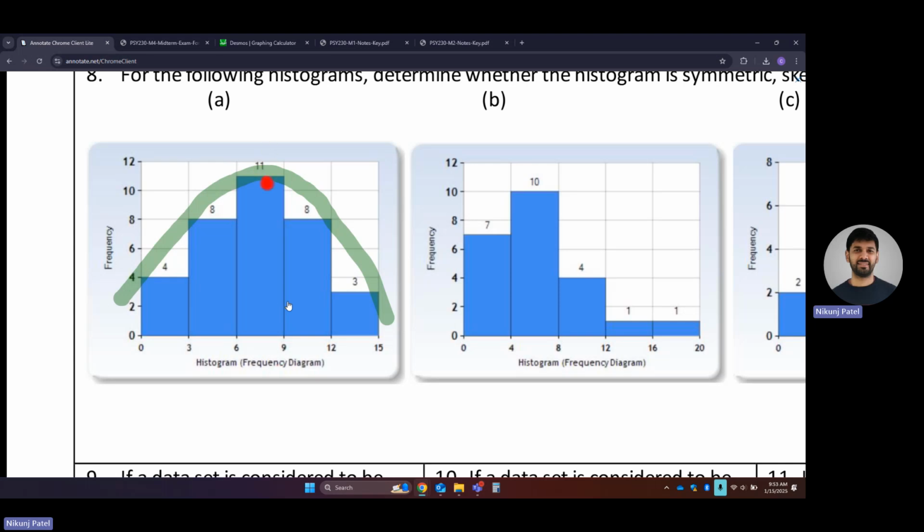This one looks like it's symmetric because the peak is in the middle, going from left to right. So when the peak is in the middle, that's what we call symmetric. That's a symmetric distribution.